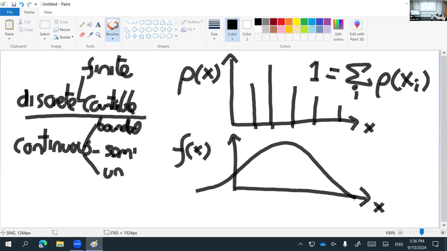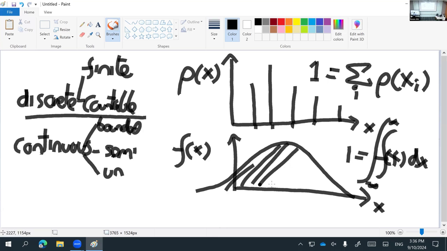So the area of f(x) dx from say minus infinity to infinity must be equal to 1. That's it. So that's the difference between discrete mathematics and continuous mathematics.